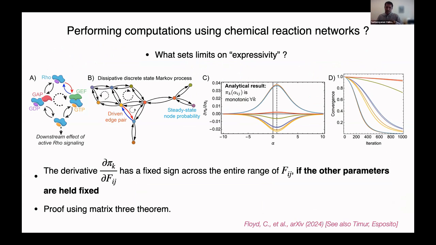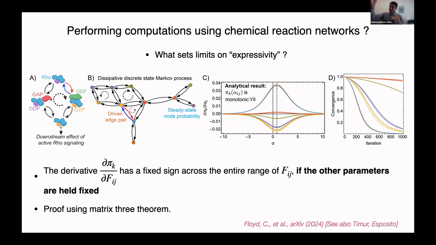We stumbled upon it in a different form in our preprint here, which is this property that if you take the derivative of the non-equilibrium steady state of any of these Markov state networks, and you take the partial derivative of that with respect to any of your Fijs, any of your affinities, it turns out that this derivative is constrained to have a fixed sign if all the other parameters are held fixed.